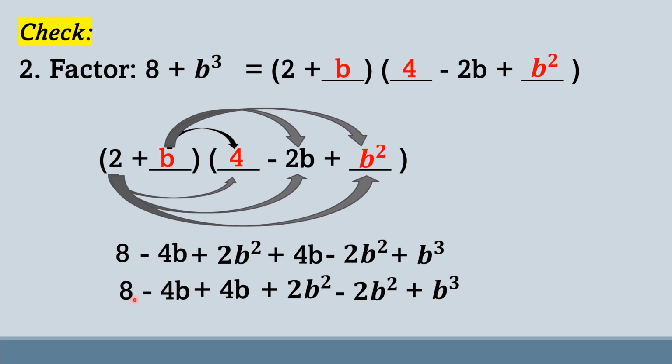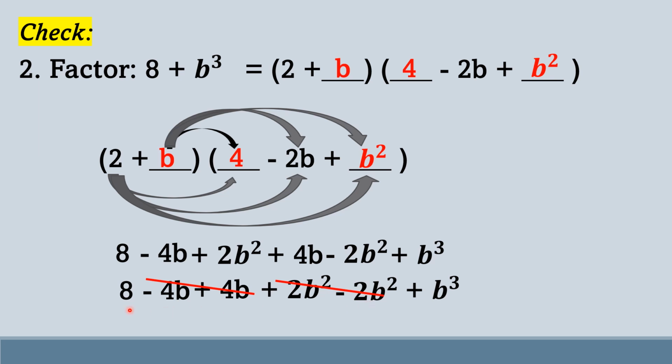So here we have like terms. So we are going to combine the like terms. We have minus 4b plus 4b, unlike signs, so if we subtract, that will give us 0. So we have here plus 2b squared and minus 2b squared, that will give us 0.